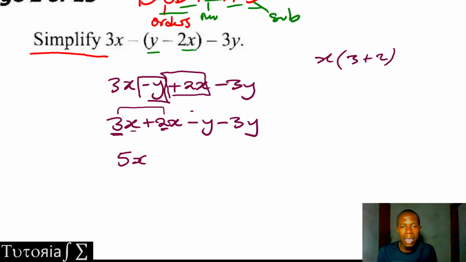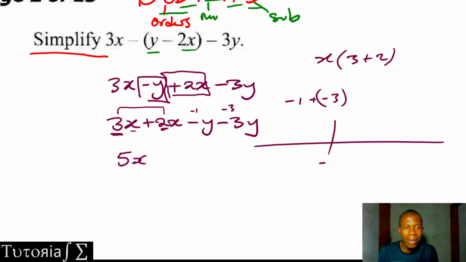Same applies here. This is negative 1 and negative 3 as the coefficients here. So we just do negative 1 plus negative 3. So this is, let me illustrate it on a number line. So maybe you're at negative 1, and you want to go to the negative 3 times.